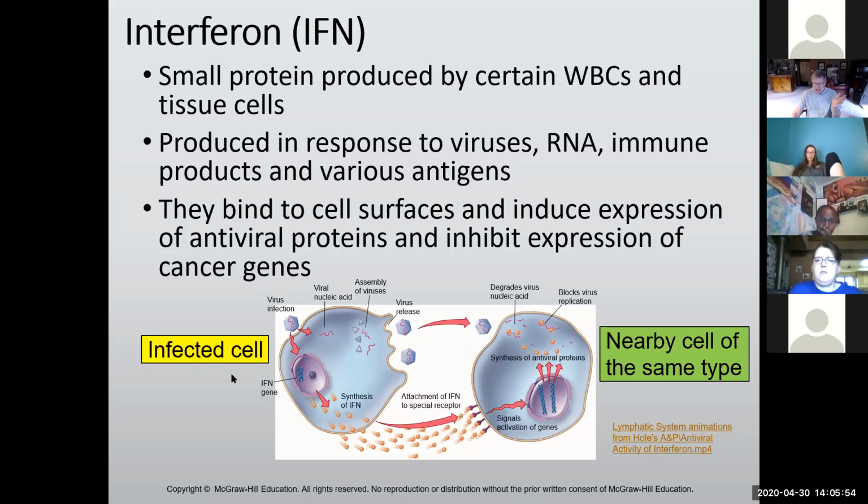So it cannot save itself, like the video said, but what it can do is release interferon in response to having been invaded by a virus. What the interferon then does is it can attach to special protein receptors on an adjacent, different white cell.